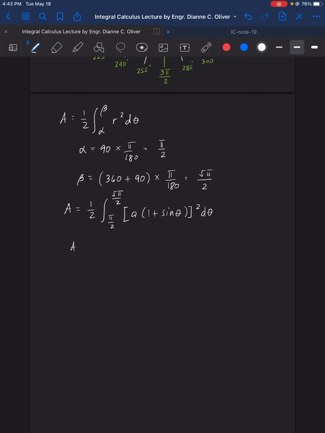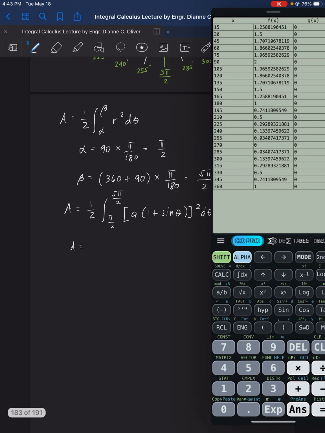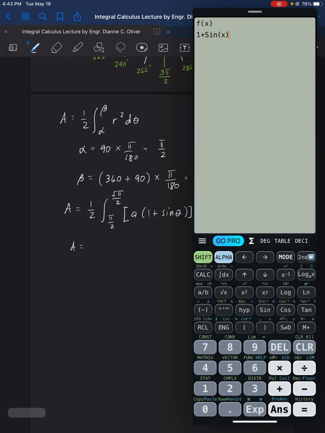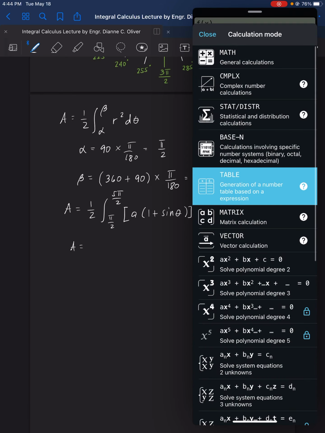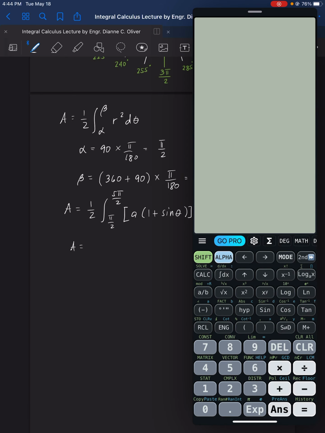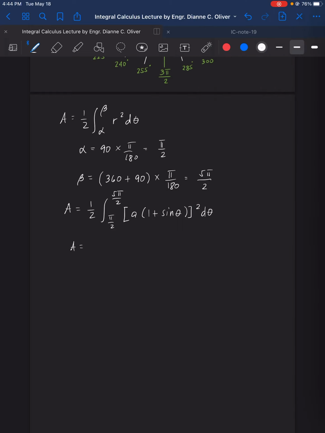So we now have the value for area. Let's go back to the math mode here. In solving for the area, use the radian mode.